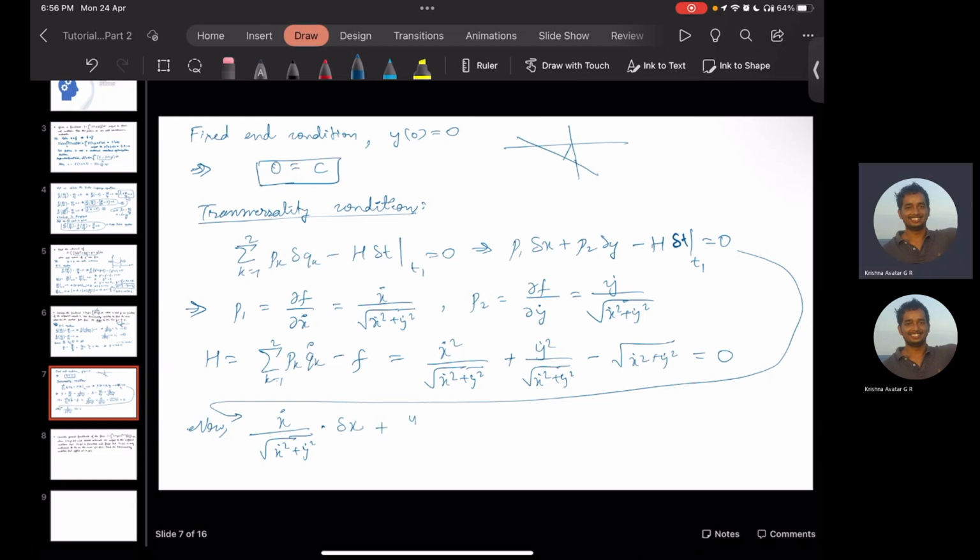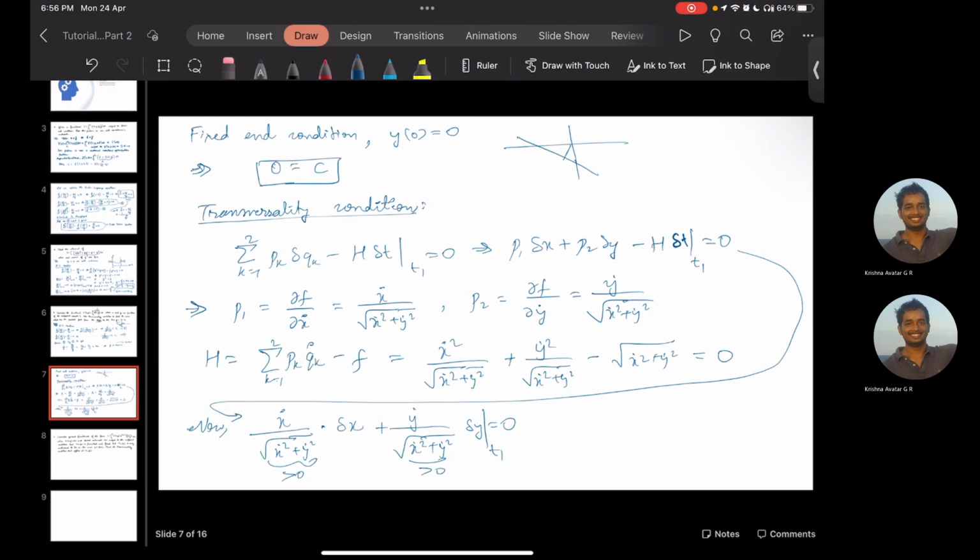So plus y dot divided by root of x dot squared plus y dot squared into del y is equal to 0, is it not? And this happens at T1.